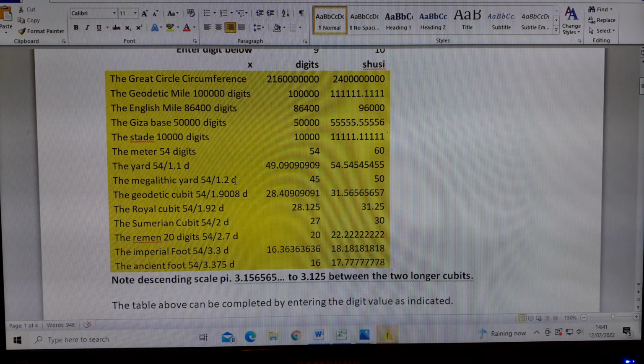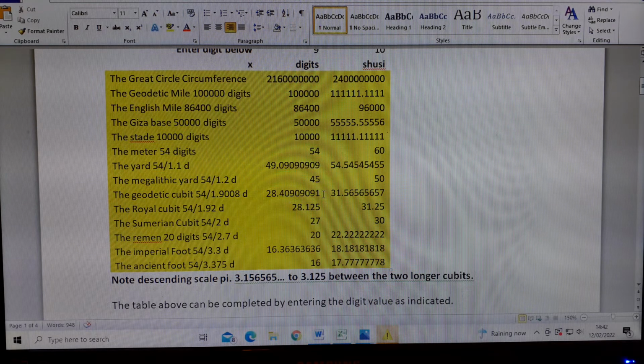So all these are what you have to do to the meter to get this unit here. So 1.9008 divided into 54, you'll get that. So we can see how nicely balanced these units are. Even though they've got these 000909, we know why this is being produced. It's because they're using 0.99 as a step.